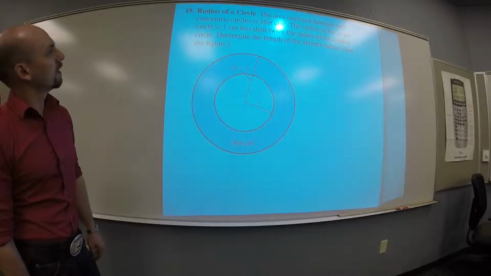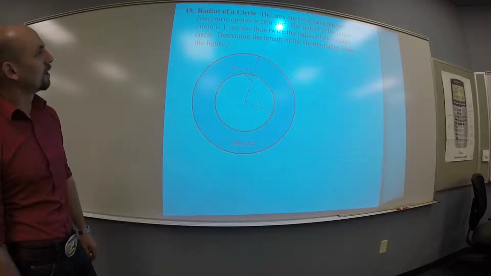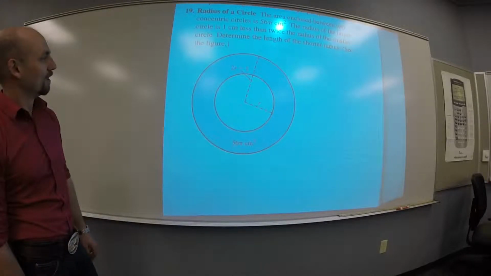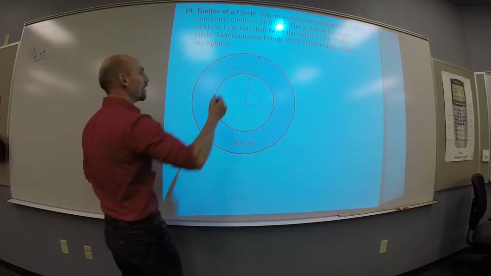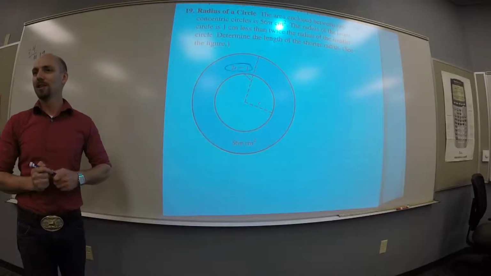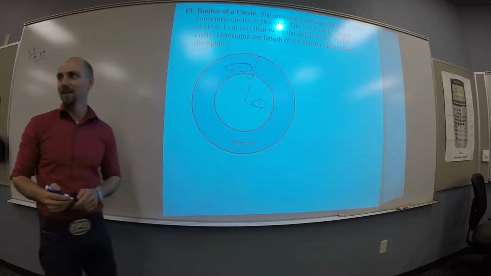The radius of the larger circle is 1 centimeter less than twice the radius of the smaller circle. Oh, thank God they labeled that, right? They already wrote that here. That's what this is: 1 less than twice the radius of the little circle, and they labeled the radius of the little circle r.